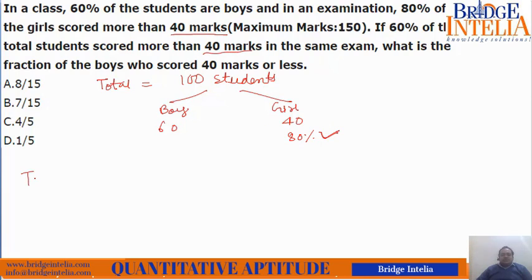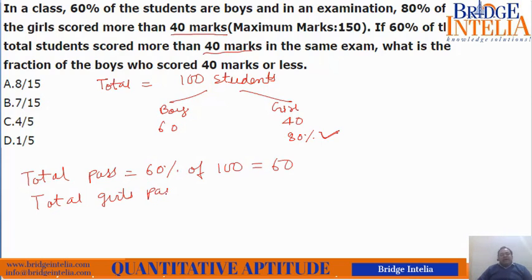So total pass is 60% of 100, which is 60. Total girls passed is 80% of 40, so 8 fours are 32.